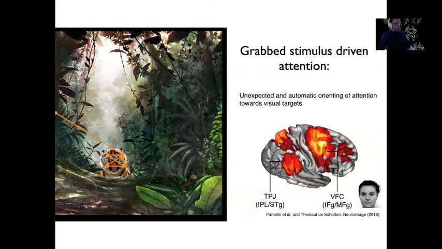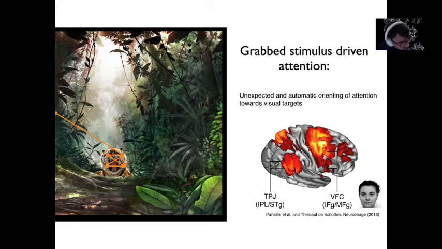In that case, this system of exploration is extremely fast and it's data driven and irrepressible. And we call it the stimulus driven attention because your attention is grabbed. It is an unexpected and automatic orienting of attention toward visual targets.